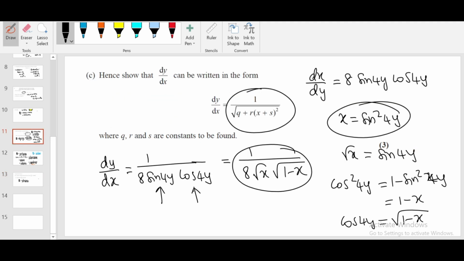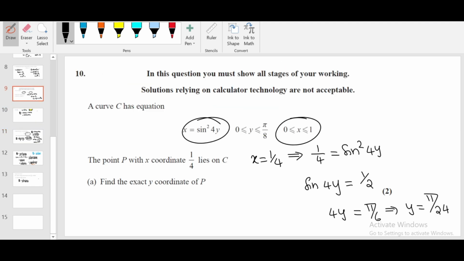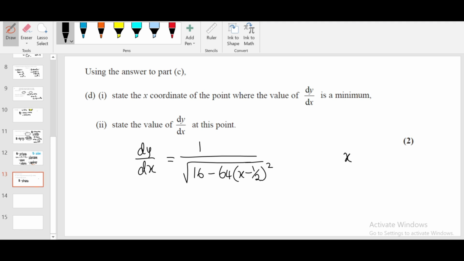If you read the question, the value of the x is between 0 to 1. So the value of the x is from 0 to 1.